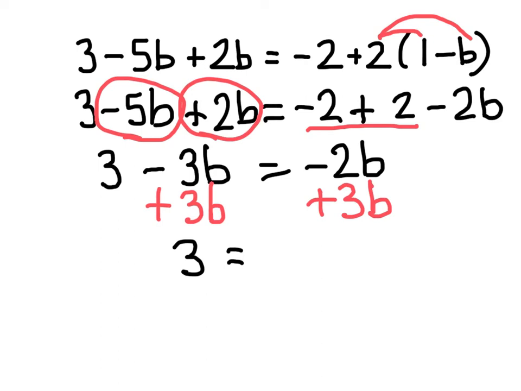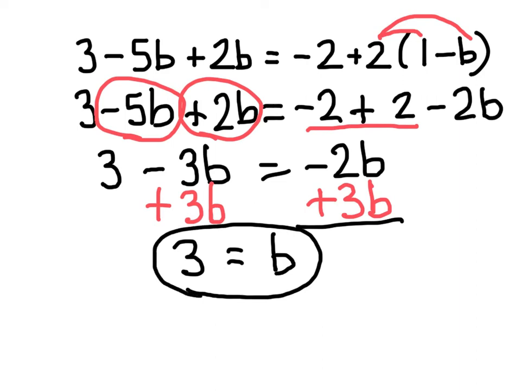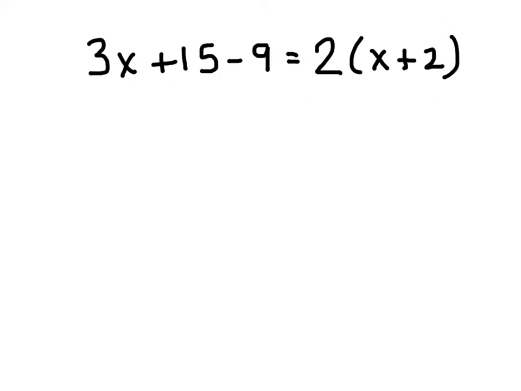And then negative 2b plus 3b equals positive 1b. And I'm finished. I found the value of 1b. It's equal to 3. How'd you do? Okay, pause your video again, try this one, and then check your answer.